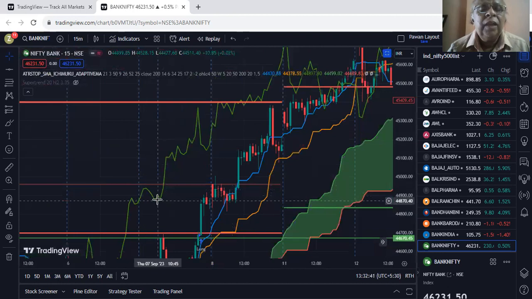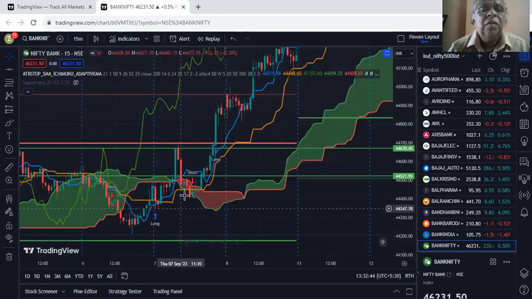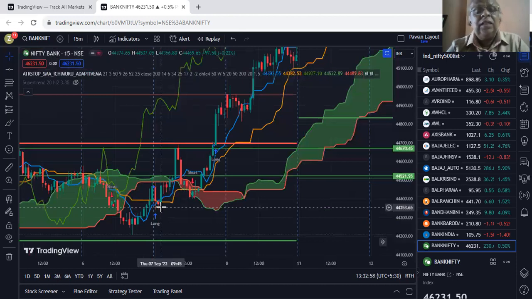So do not get confused while entering into the trade when the crossover is seen below the cloud. You will get at least two trigger prices, and if the first one is missed, the second one is the safe one, where the retracement or any type of jerk will not be seen.